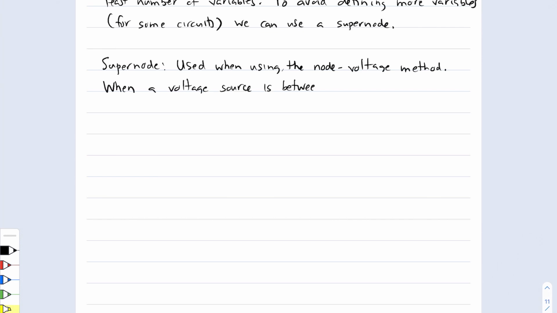is between essential nodes. We combine the nodes to define a supernode.